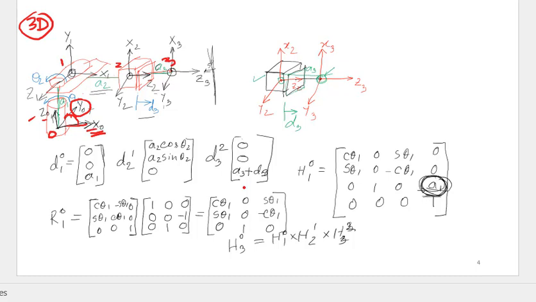That means we have to find this out and denote it. And another here is also rotating, a revolute joint.